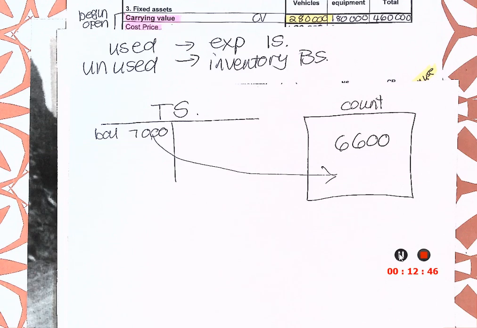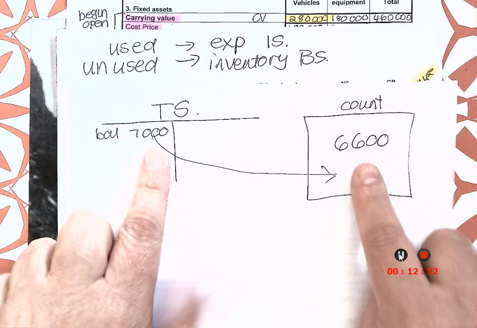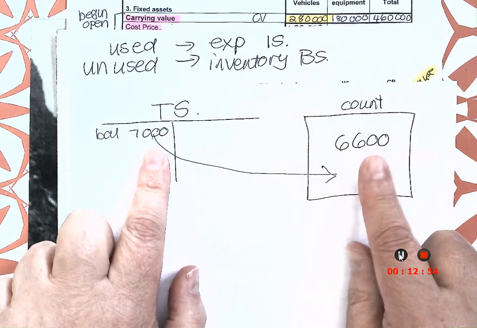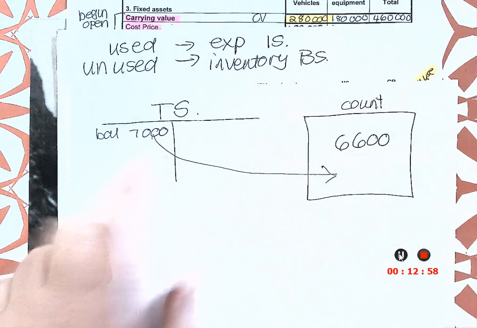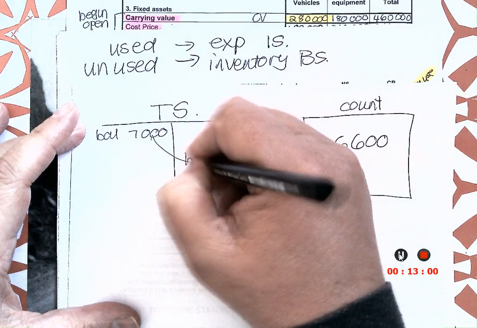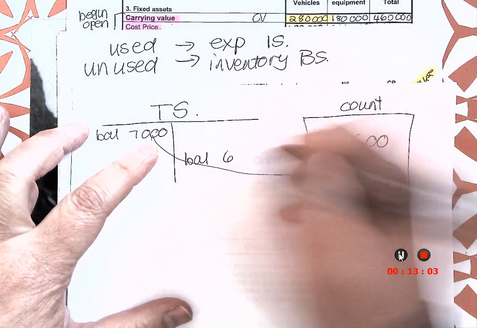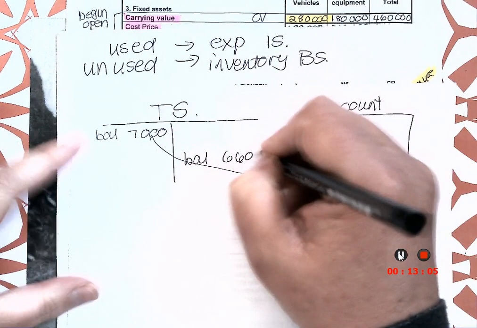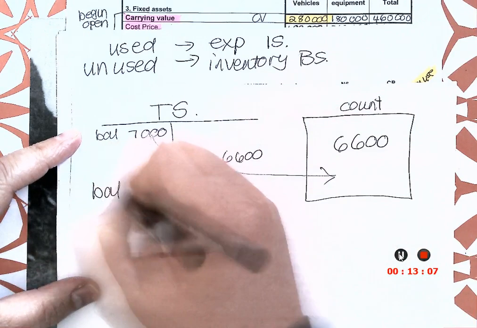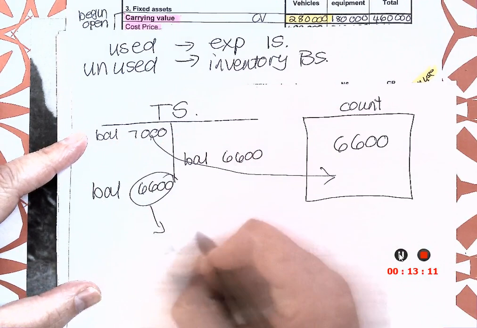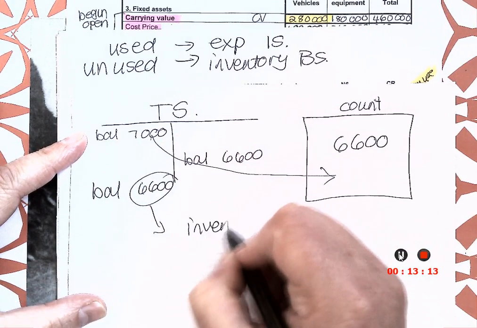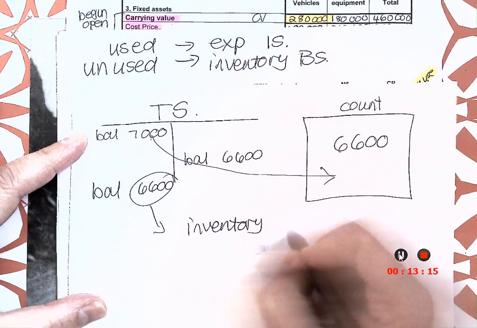Okay. So now what am I going to do? Which one is the truest one? The one in the books or the one I can see? The one I can see. So what I'm going to do is say, no, the balance isn't 7,000, it's 6,600. This is the real balance. And that 6,600 will go to my inventory in the balance sheet, because this is my real asset.